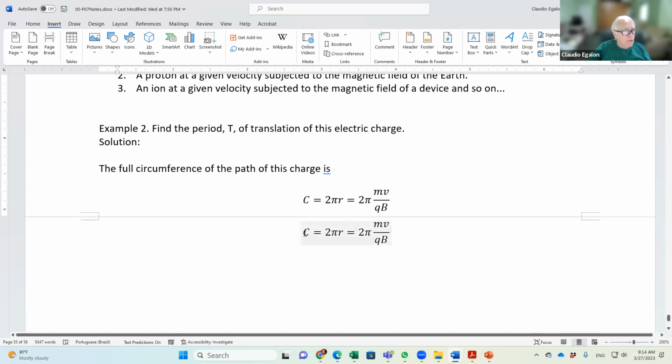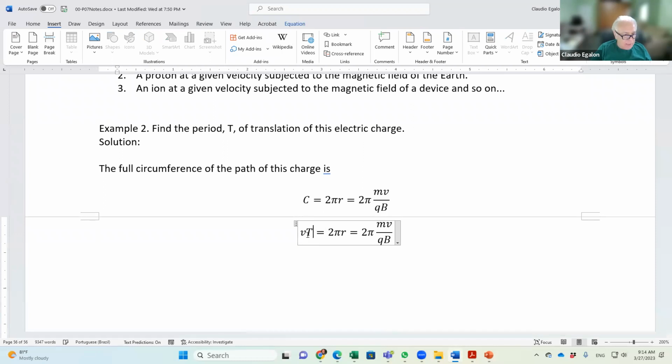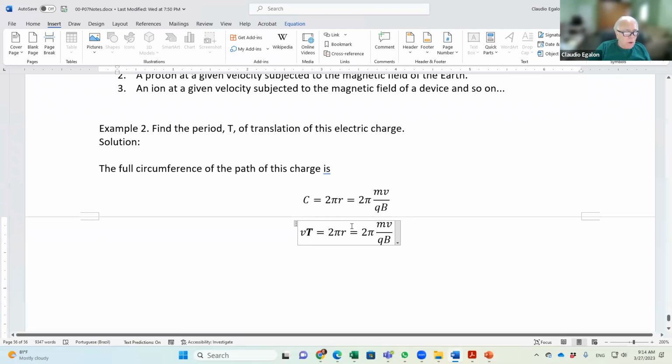So here you go. We also know that v times T, where we want to find T, is equal to 2 pi r, the circumference.